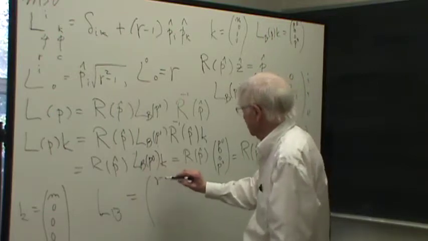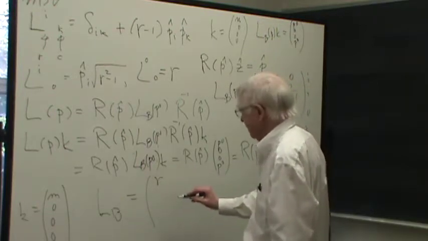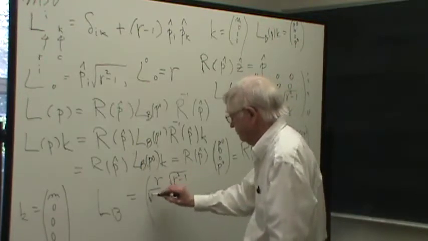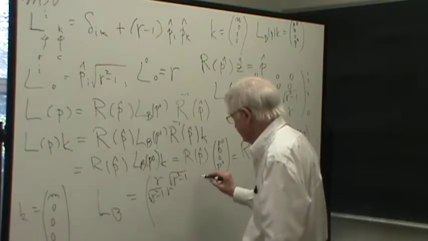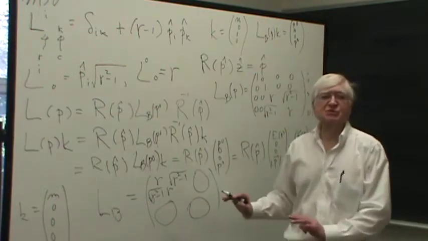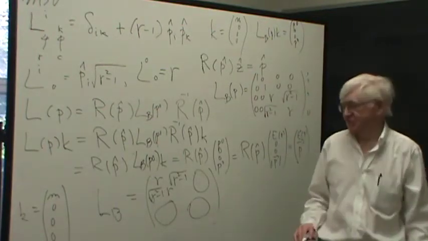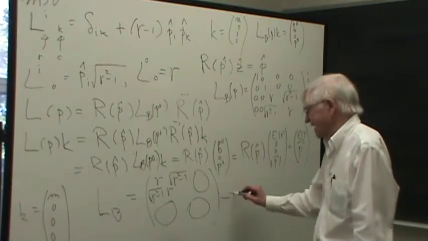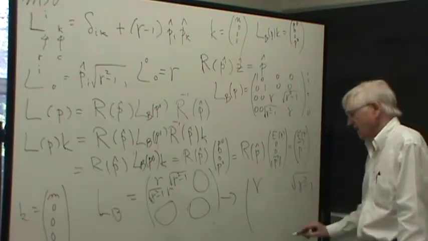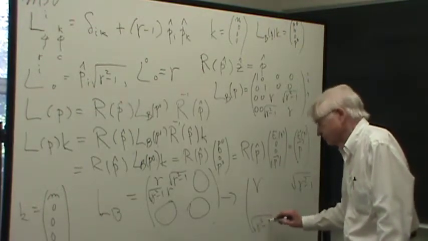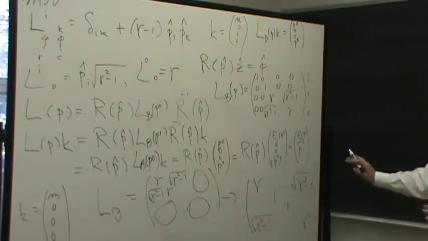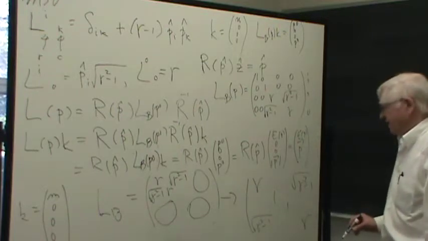My suspicion is that it looks like this. In fact, let me do it this way. I bet it's this. Your 0, 3 component should be nice. But now this is a boost in the one direction rather than the three direction. So to go to the three direction, I guess what we do is we do gamma. I'm guessing, but this is just off the top of my head.